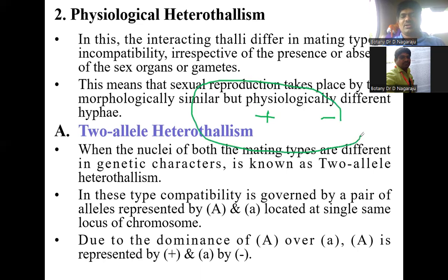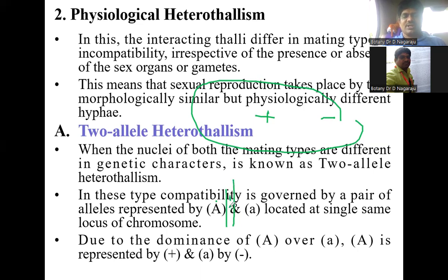Genetically, if they differ, that is known as two allele heterothallism. A pair of alleles is represented as capital A and small a, two opposite genes at the same, single location.